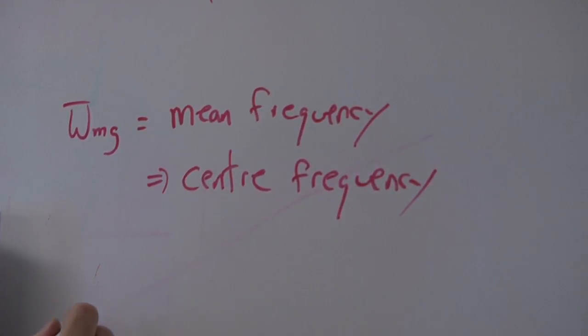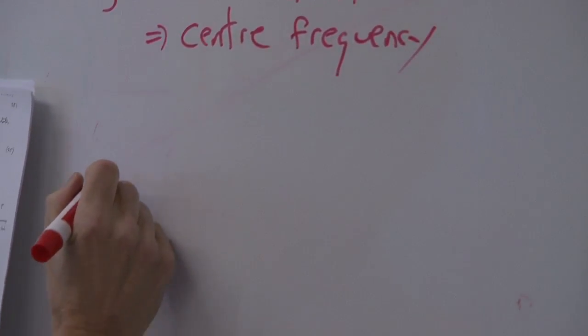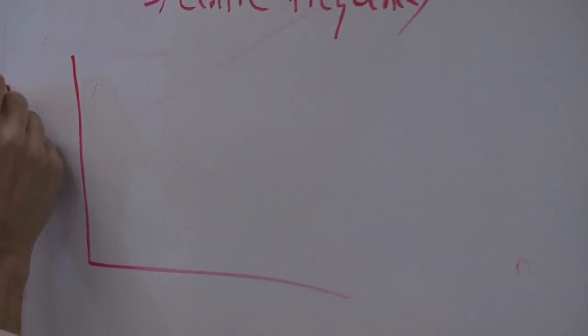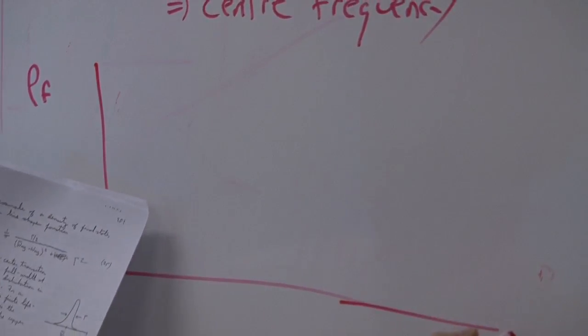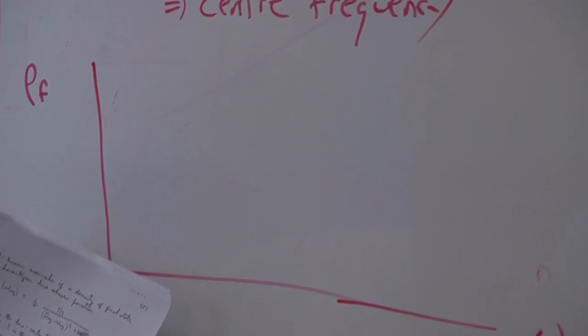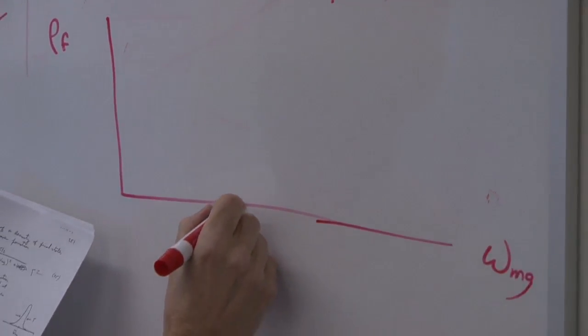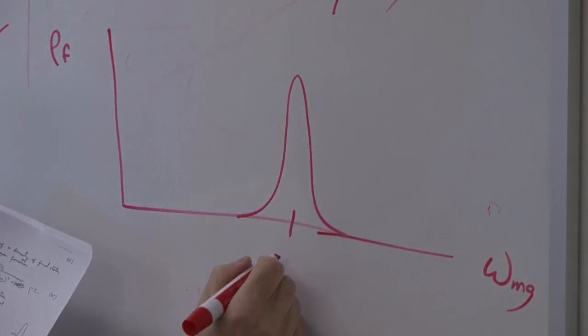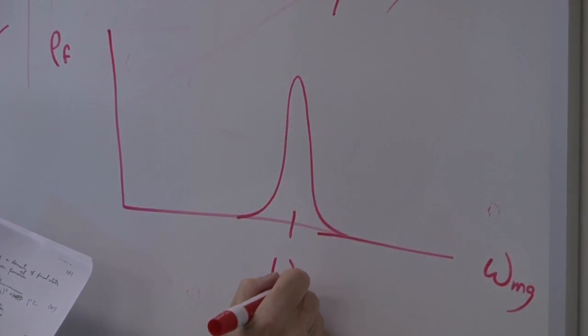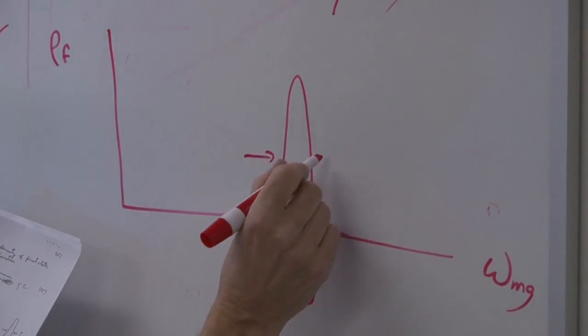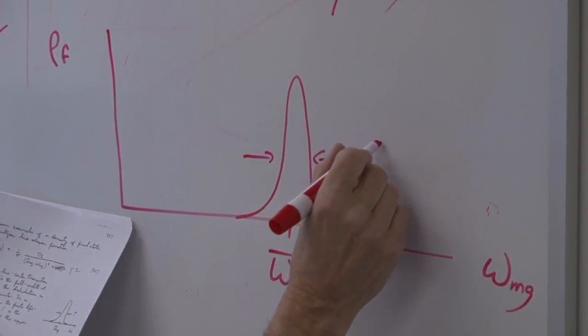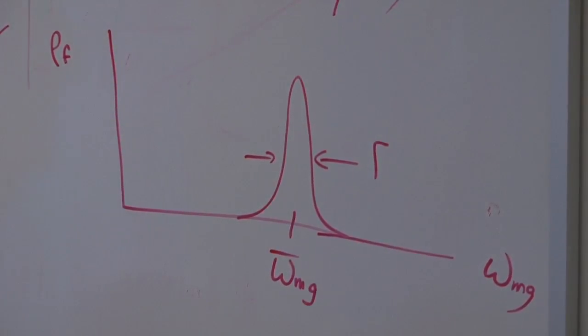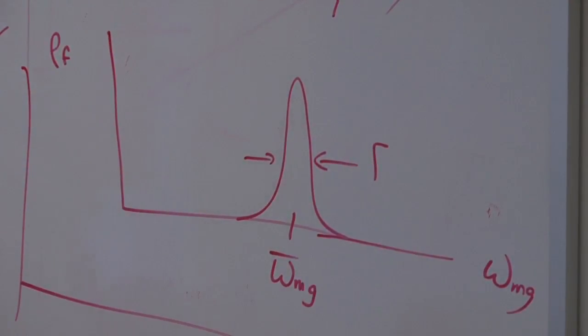Okay, so the Lorentzian function then, rho f as a function of omega mg, looks something like this. And it is centered at omega mg bar, and it has a width that we could calculate later. It has a width of gamma. Note that it's a function of omega mg, not a function of the laser frequency omega.